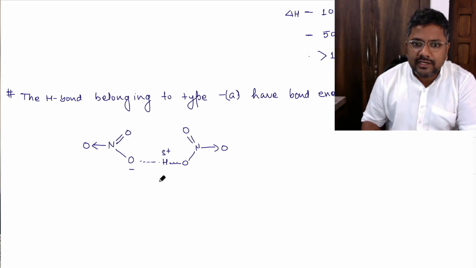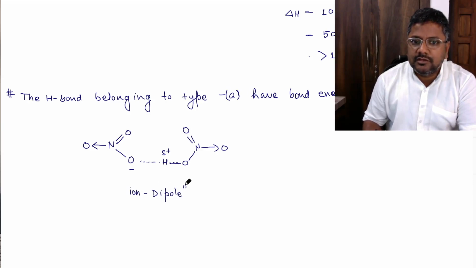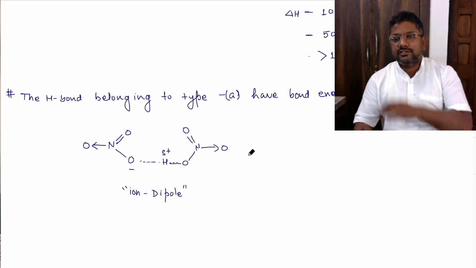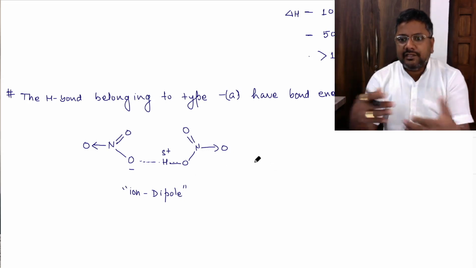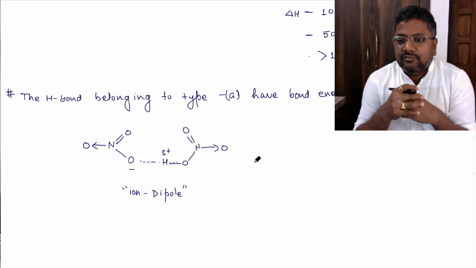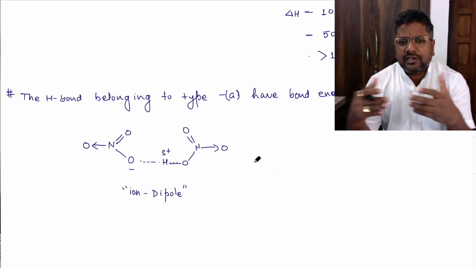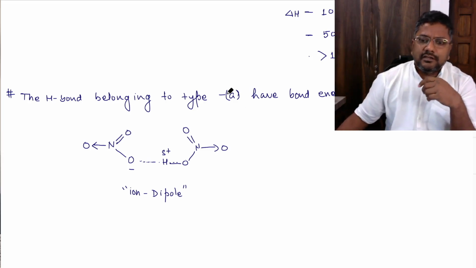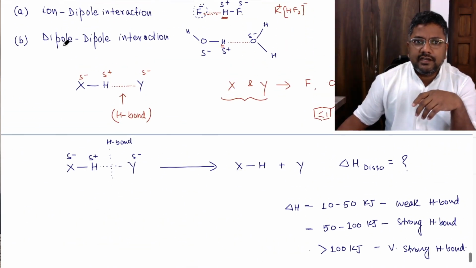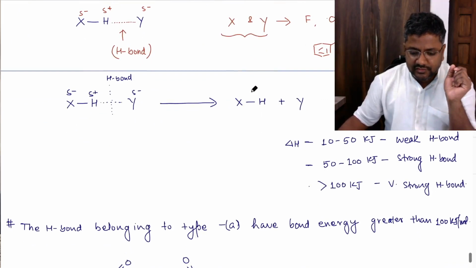So ion-dipole interaction. This is relatively stronger than dipole-dipole interactions, right? But the majority of examples you have belong to the dipole-dipole interaction category, right?